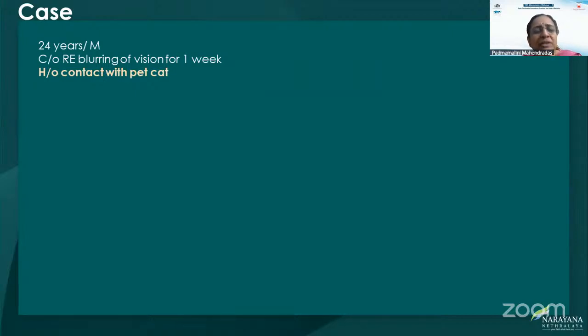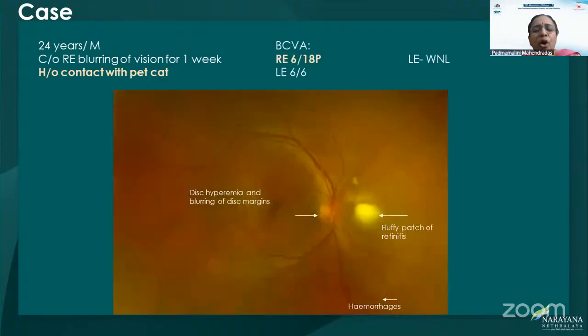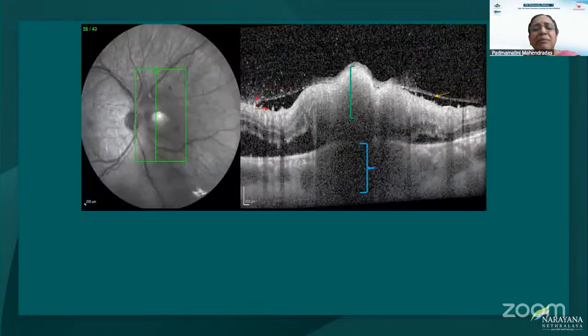First, a case of focal retinitis: a 24-year-old male presented with blurring of vision and a history of contact with a cat. On fundus examination, we could see hyperemia of the disc with blurred disc margins and a fluffy patch of retinitis associated with inferior retinal hemorrhages.